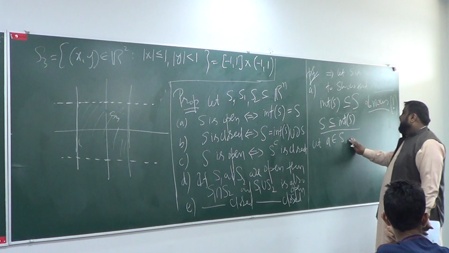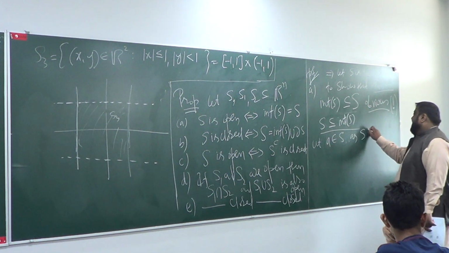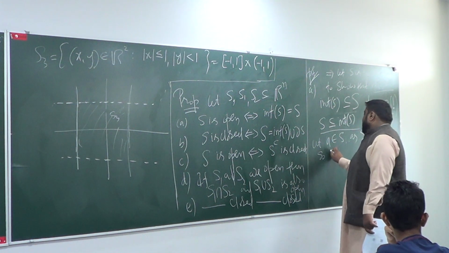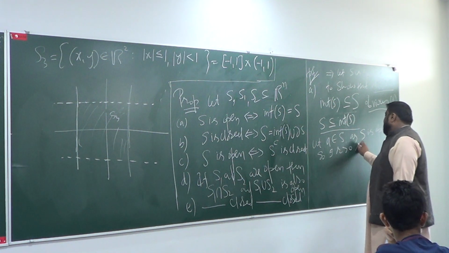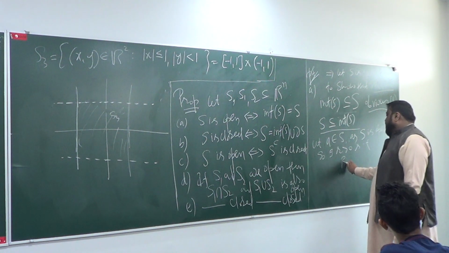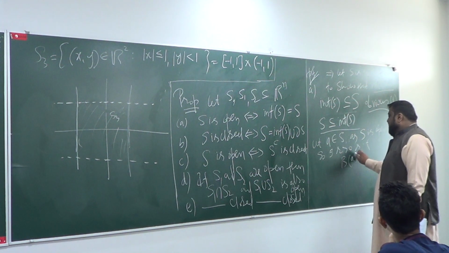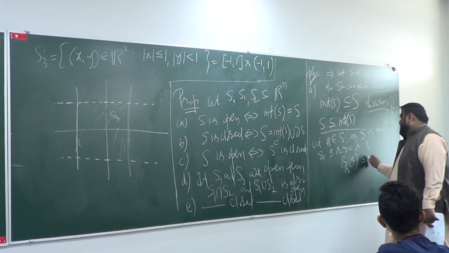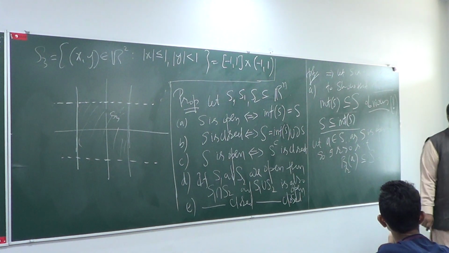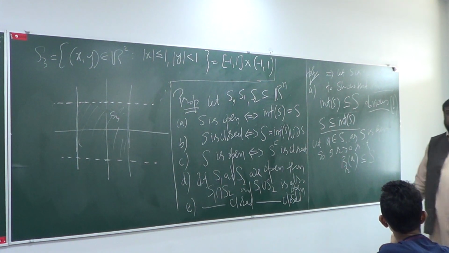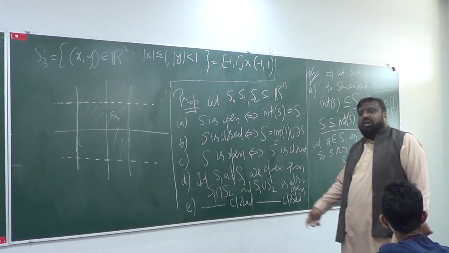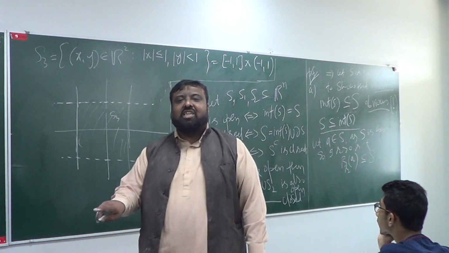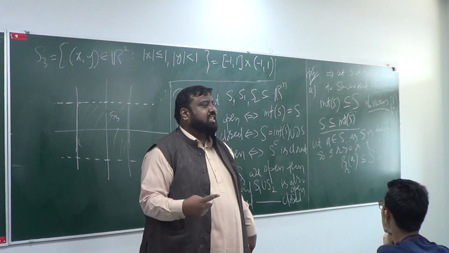You must write it as S is open. So you can find a positive radius r such that if you draw an open ball at A with the radius r, this is contained in S. Now I'm asking you, what is the definition of an interior point?